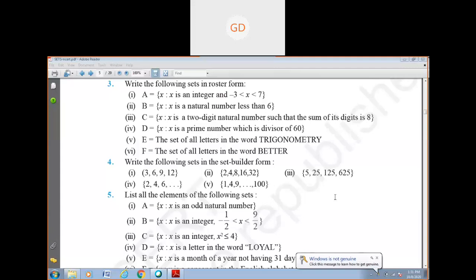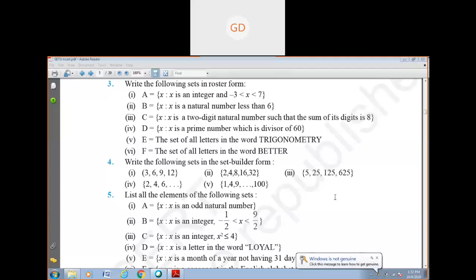These are integers, but an upper limit is there. The integer must be less than 9 by 2. 9 by 2 means 4.5. That means the integer must be less than 4.5. So the integer immediately less than 4.5 is 4.